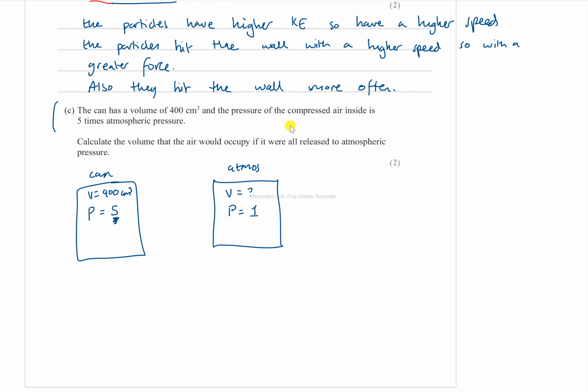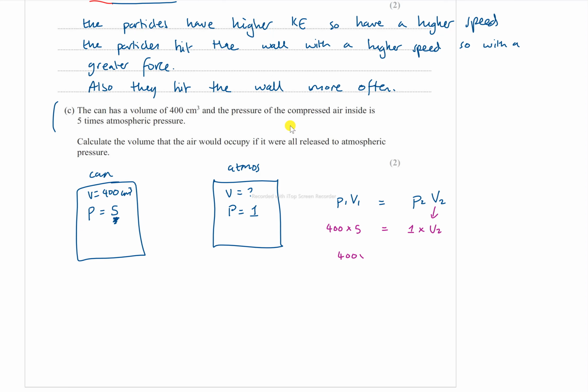And we know this formula: initial pressure times initial volume equals final pressure times final volume. They've given us this: 400 times 5 equals 1 times V2, because we don't know this yet.